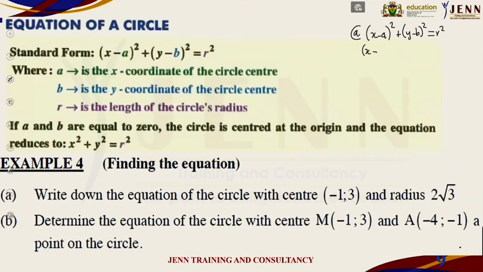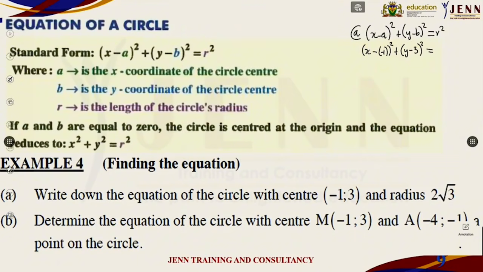Then plus (y - b), and in the standard form we already have a minus between y and b. But the y coordinate of the center is +3, so that one has no sign issue, and it comes with the close bracket to the exponent of 2, equals.